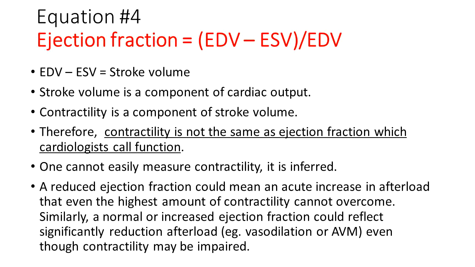You're just doing linear instead of volumetric. So the EDV minus the ESV, that's the stroke volume. So stroke volume is a component of cardiac output. Contractility is a component of stroke volume, as is preload and afterload.